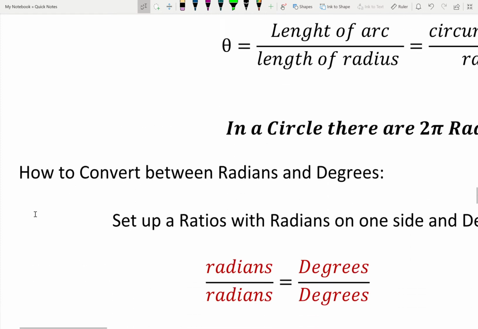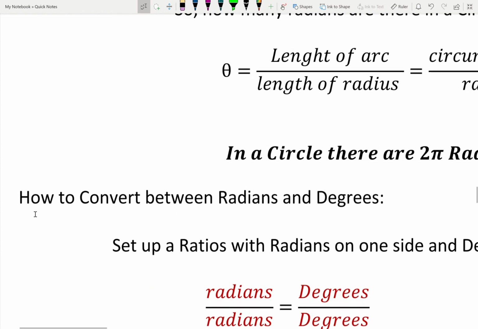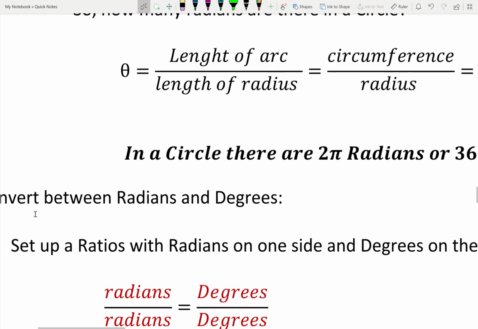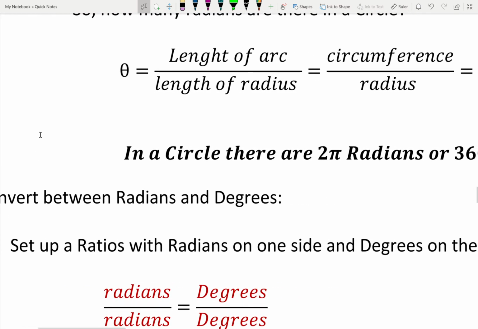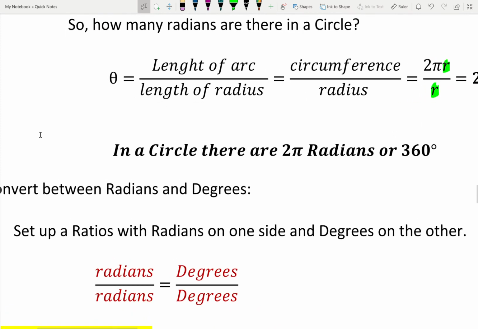The strategy here is to set up a ratio. We're going to make 2 columns. On the left column, you'll have only radians. On the right column, you'll have only degrees. And you want to set up your problem where your numerators are equal to each other: this amount of radians is equal to this amount of degrees.